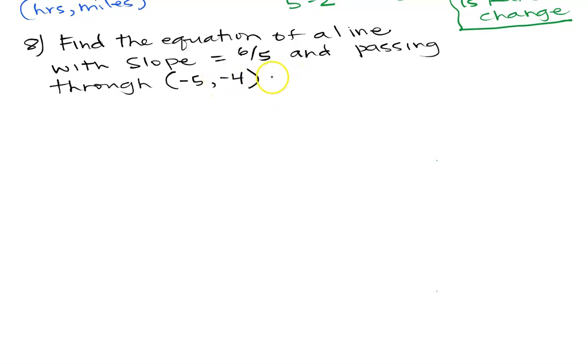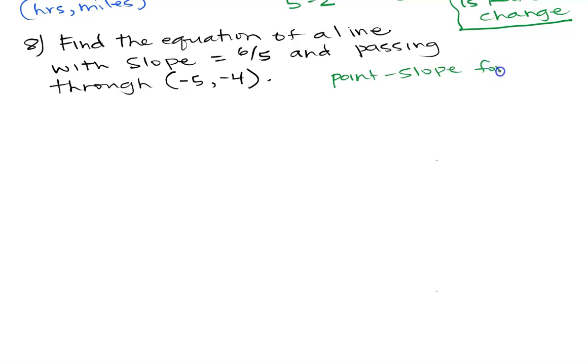All right, and then it wants you to write your answer in that slope-intercept form, that y equals mx plus b form. So whenever it's telling you to find an equation of a line, I mean, one way that you can always do this is to use that point-slope formula.